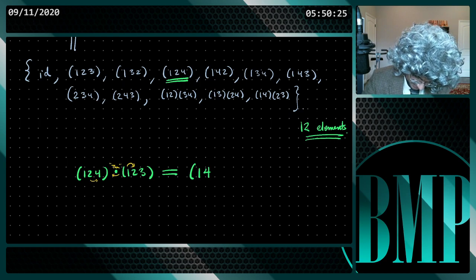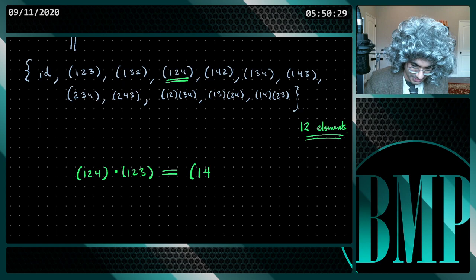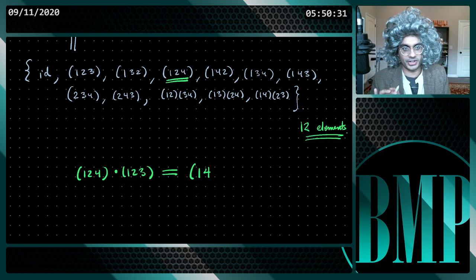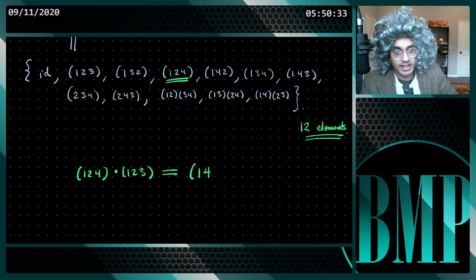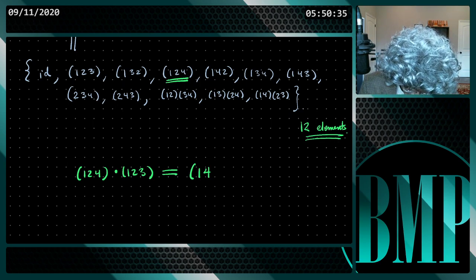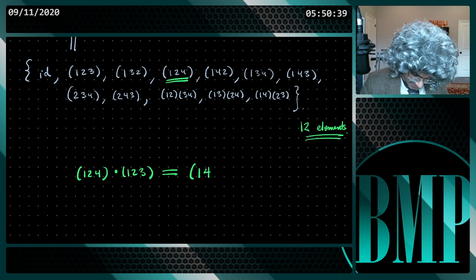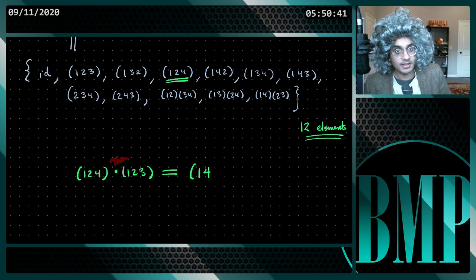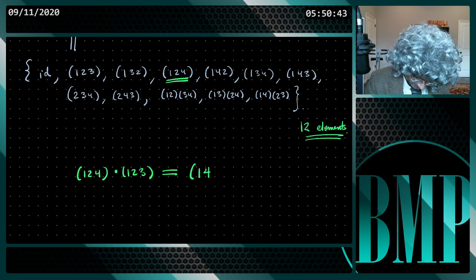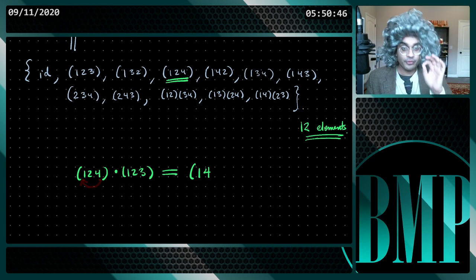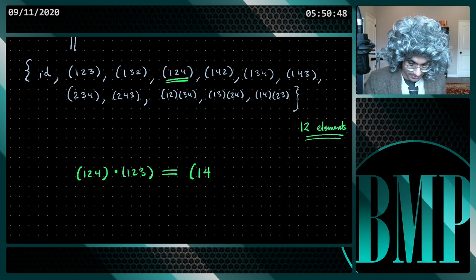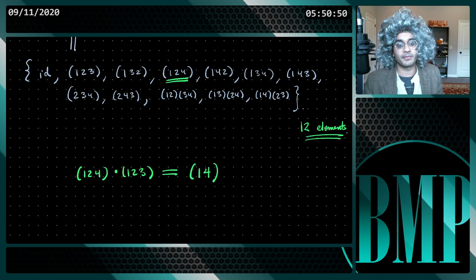Let me use some cool technology I learned about. It's called a laser pointer. Okay, so 1 goes to 4. Where does 4 go? 4 goes to itself here. Then 4 goes to 1. So 4 went back to 1. And so I can complete this cycle.